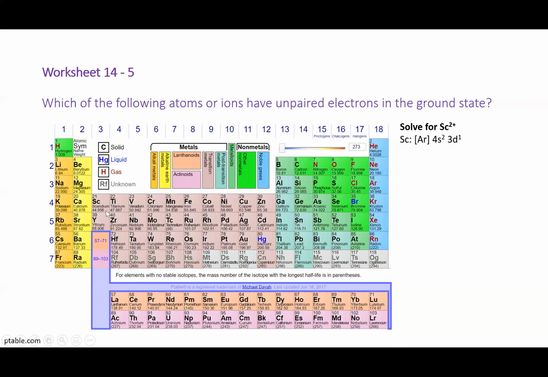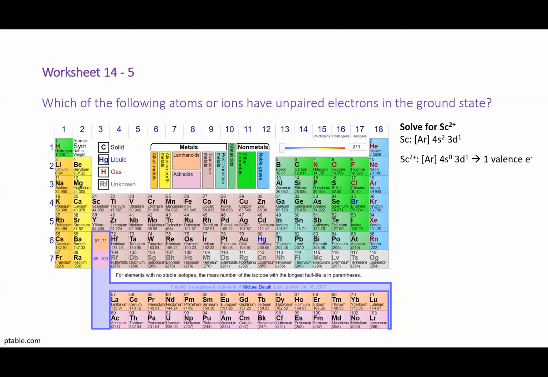Scandium is here on the periodic table where my mouse is hovering. If it's scandium 2+, that means I'm losing 2 electrons. Again, the highest energy orbital would be the 4s, so that's where it's most easily ionizable. So we remove 2 electrons from there, and we get 4s0 and 3d1, and we have 1 valence electron.